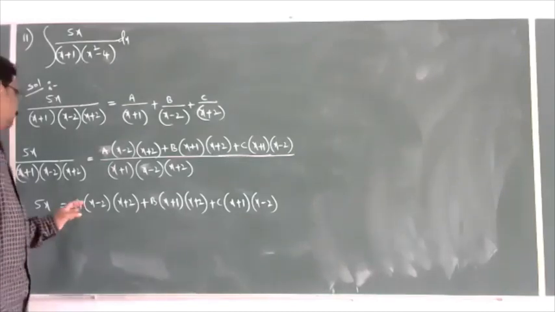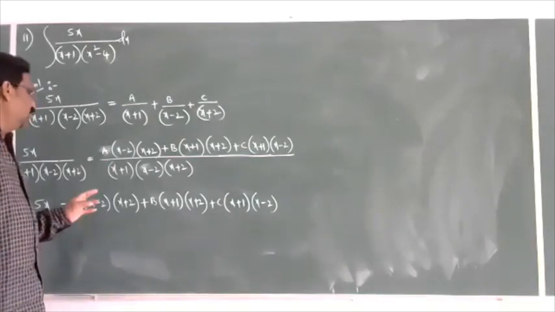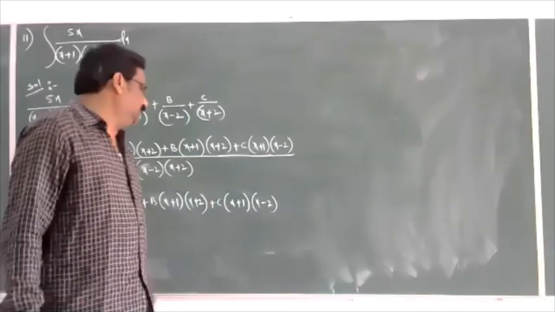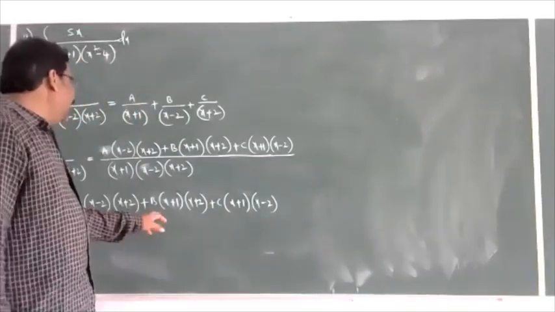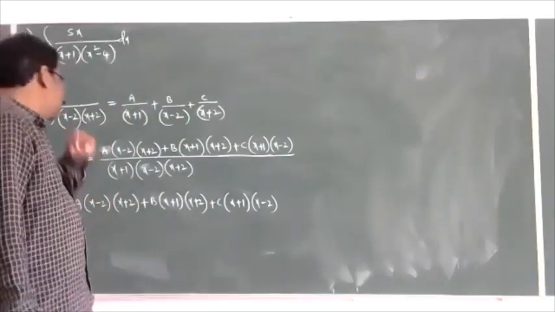For example, to find out A value, put x is equal to minus 1. To find out B value, put x is equal to 2.